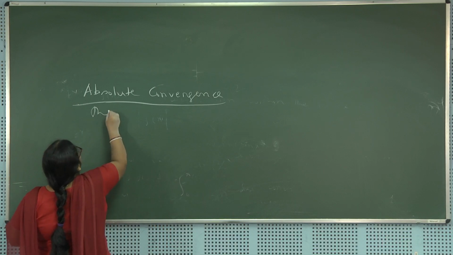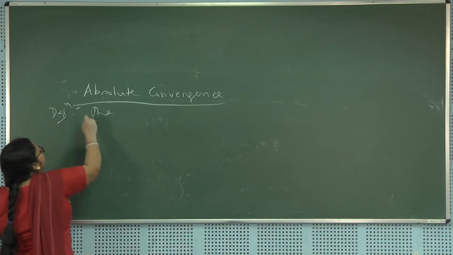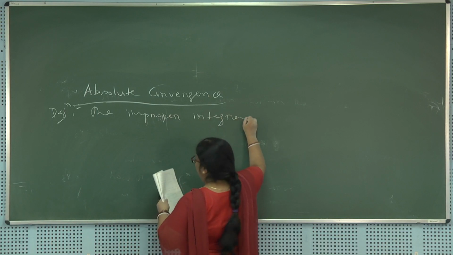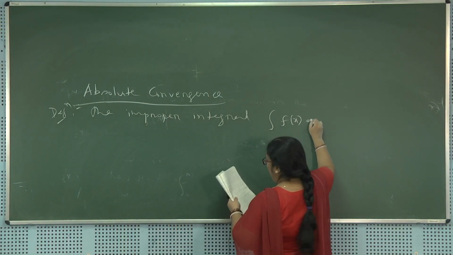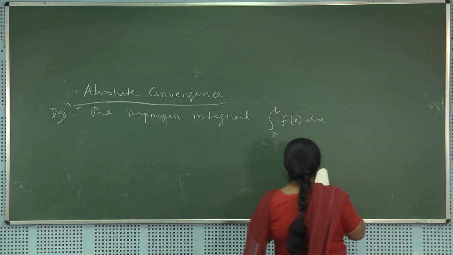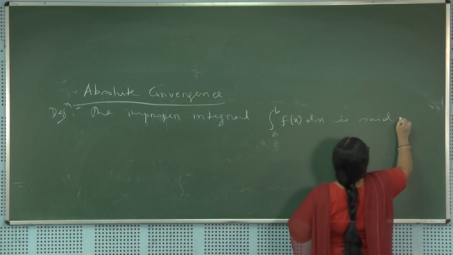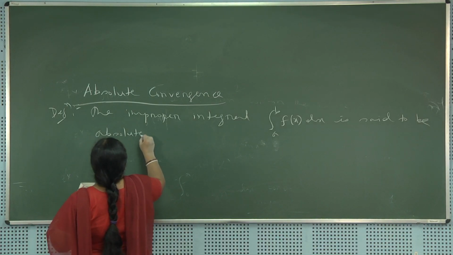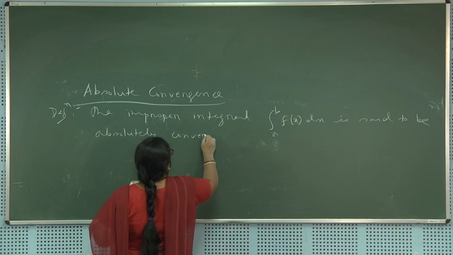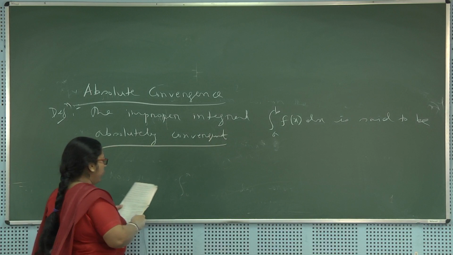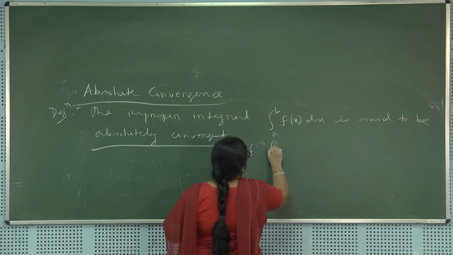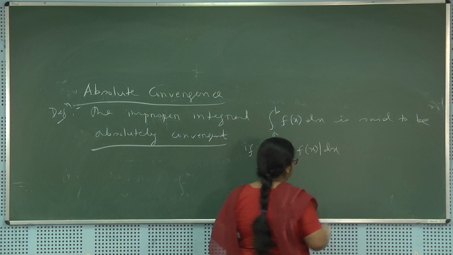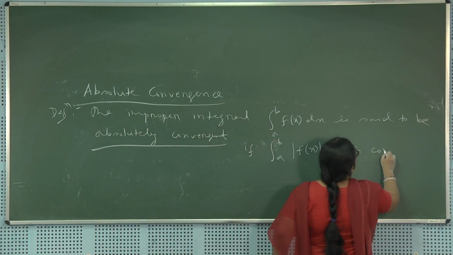The improper integral, integral a to b f(x) dx, is said to be absolutely convergent if we can show integral a to b mod of f(x) dx converges or is convergent, if it is possible to show.